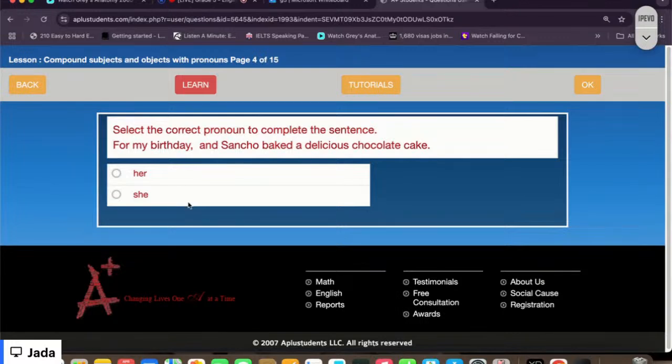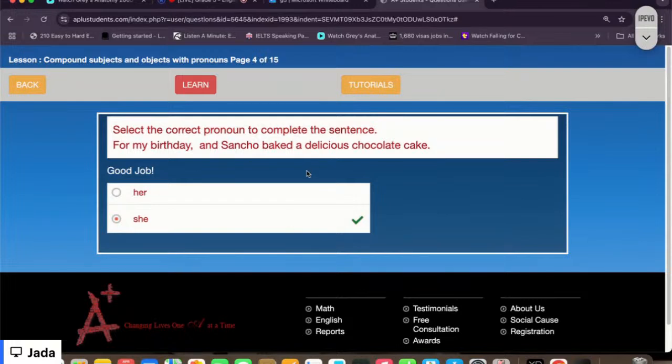All right, so she and Sancho baked a delicious chocolate cake for my birthday.